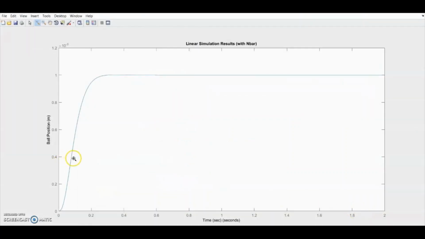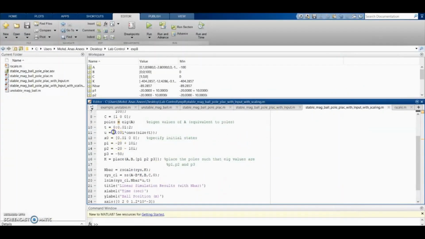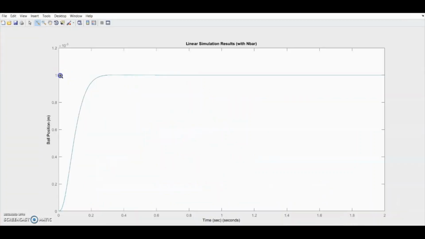So as you can see, what happens is now the output comes in the range of input. Okay, so what is the input? Input is 0.001, and what is the output? It is also 1 into 10 to the power minus 3, that is again 0.001.